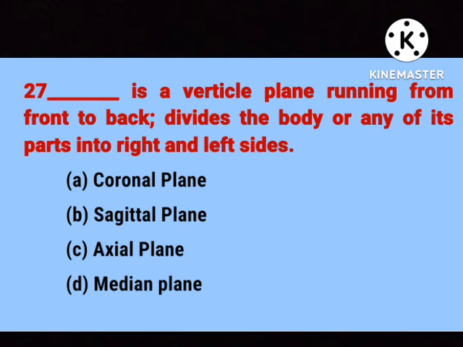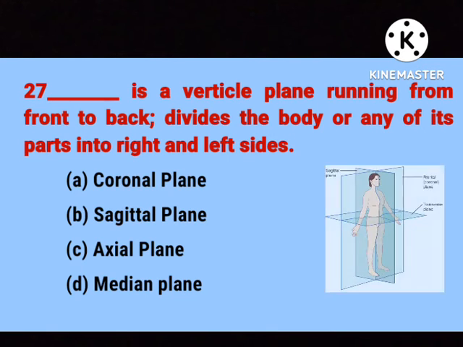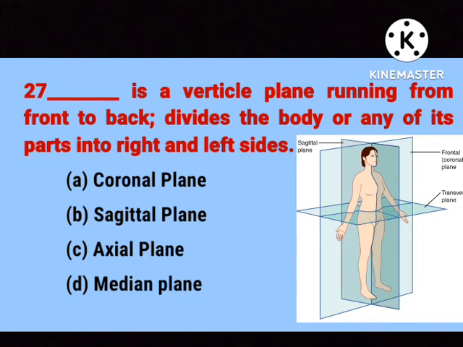Dash is a vertical line or plane running from front to back, which divides the body or any part into right and left sides: A. Coronal plane, B. Sagittal plane, C. Axial plane, D. Medial plane.